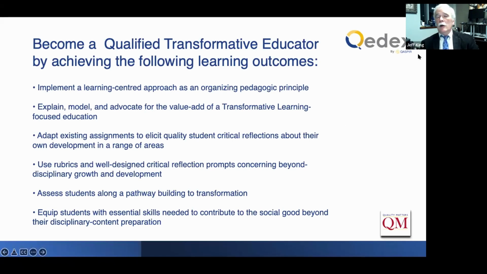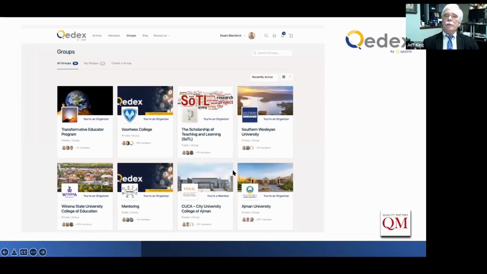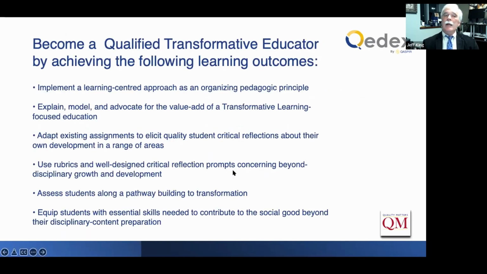And these are the overall outcomes across the whole of the 4 courses, so that you would be able to, for example, create well-constructed reflective prompts for the students to respond to, and then be able to use a set of rubrics to assess them in these essential skill areas.